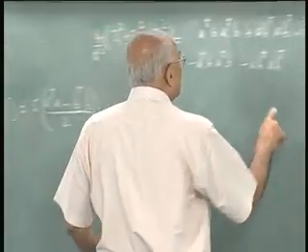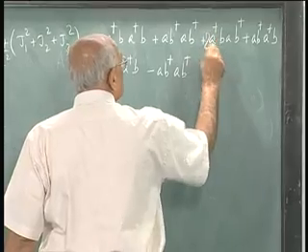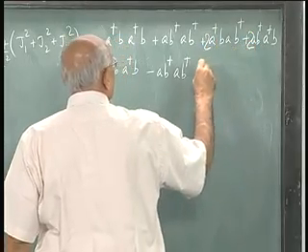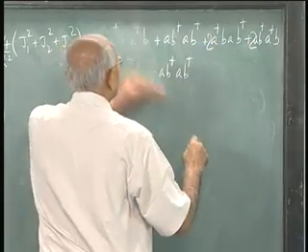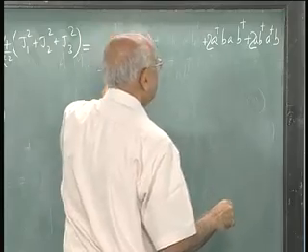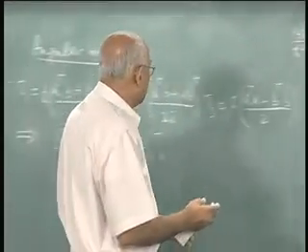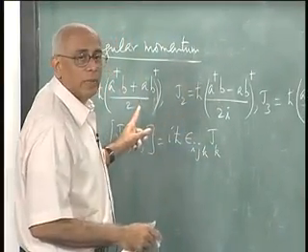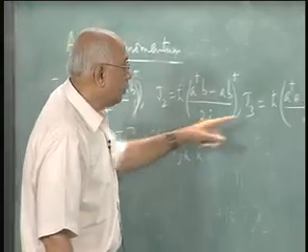So you will permit me to write twice this and twice this and cancel these fellows out. That is this squared plus this squared, and then you have the square of this.